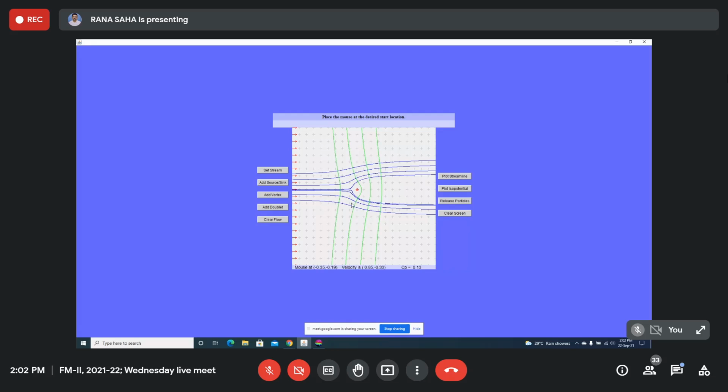So এই গ্রিন লাইনগুলো হচ্ছে equipotential lines at different points and the natures are changing. So that also you can incorporate in your code if you want to do something. তো এই ধরনের কিছু ছোট কাজ করলে you can also.